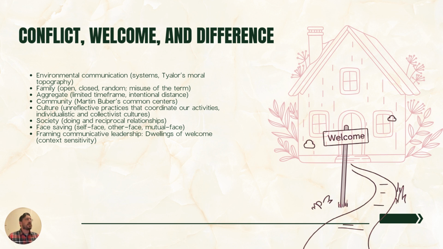In Western American culture that's individualistic, there's this big emphasis on the needs of the individual, the rights of the individual to life, liberty, and the pursuit of happiness, right? These ideas of the individual being really important.